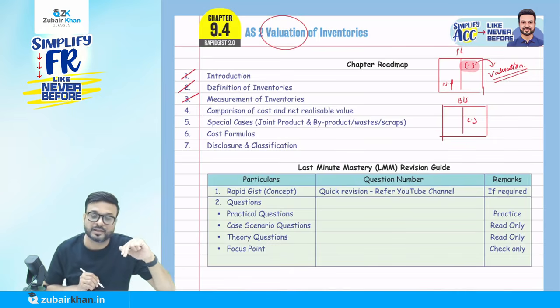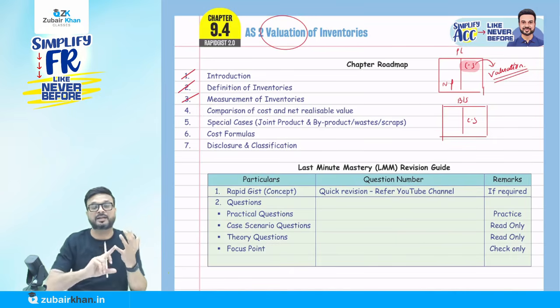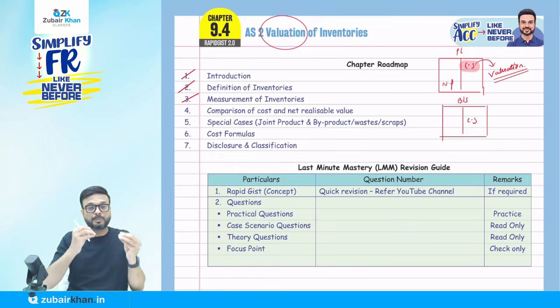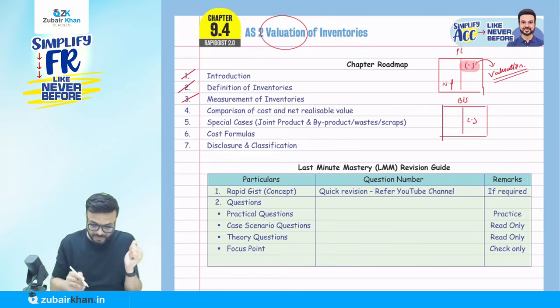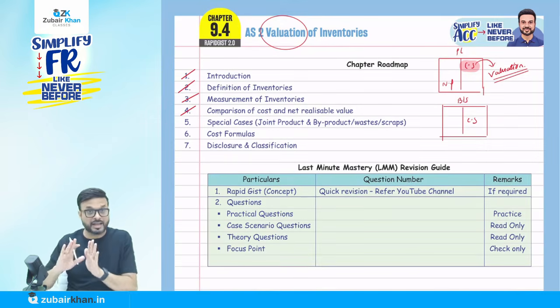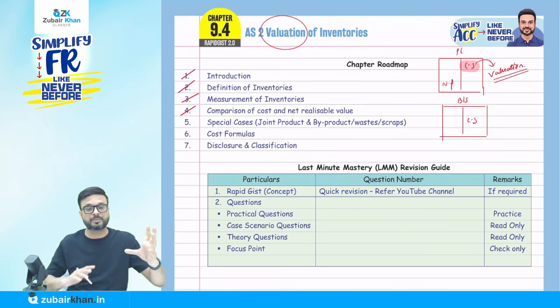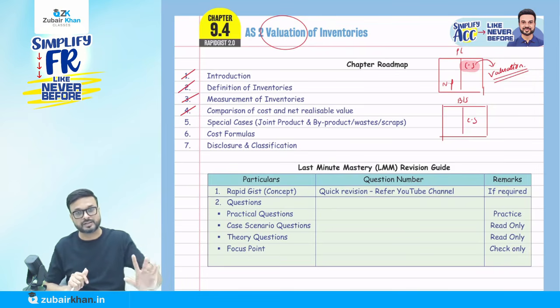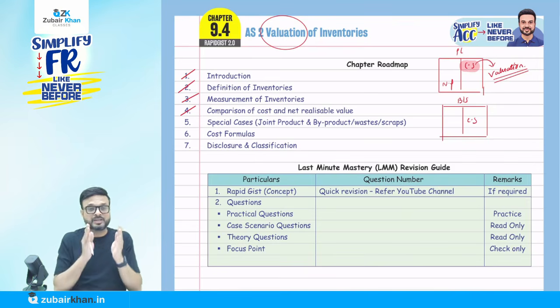What do you mean by cost? Cost means the purchase cost at the time of purchase, direct cost incurred, the conversion cost, or any other cost which we have incurred to bring that inventory to its present location and condition. Now, when we talk about NRV, for finished goods, it is the estimated selling price minus the cost to make the sale. For WIP, NRV is the estimated selling price of finished goods minus the cost to make the sale, and minus any expense we are going to incur from the WIP to the finished goods stage.